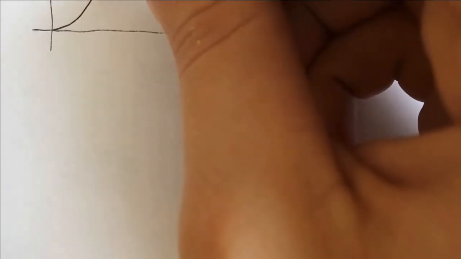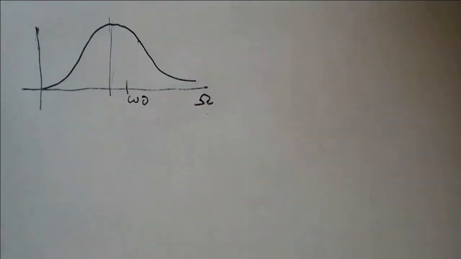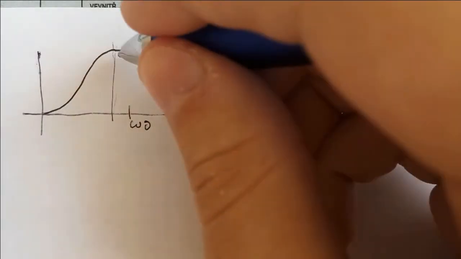This is the resonance curve. The maximum is not at omega 0, but rather at the square root of omega 0 squared minus 2 delta squared.